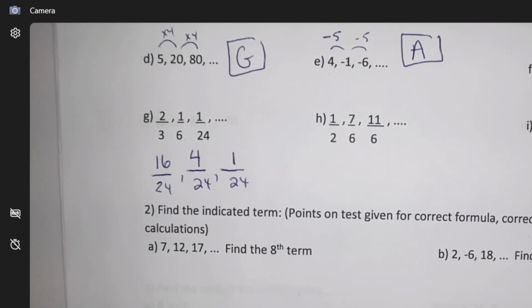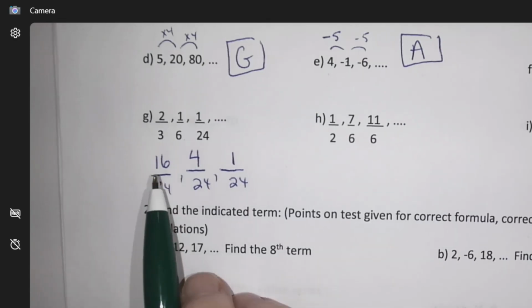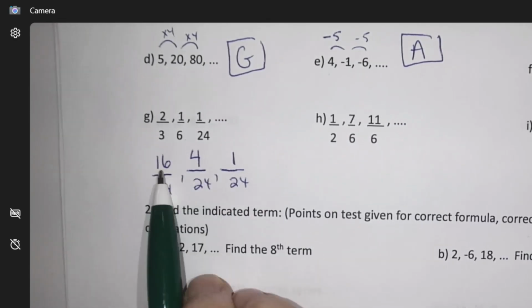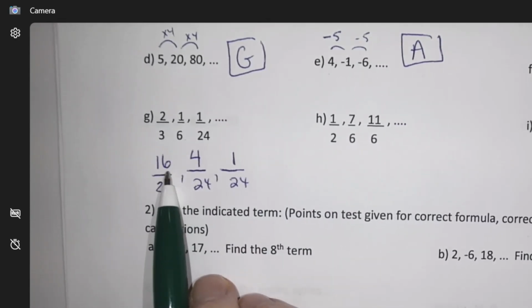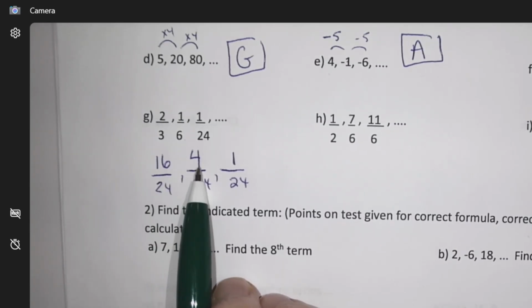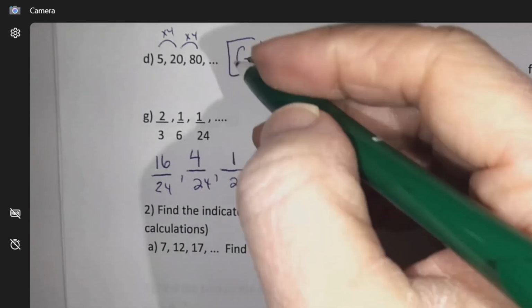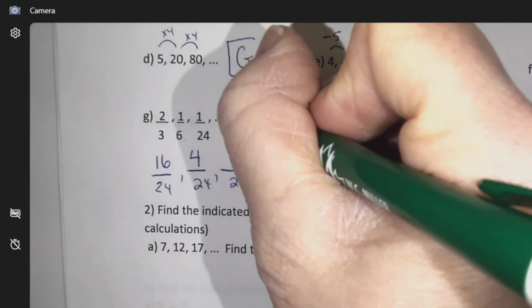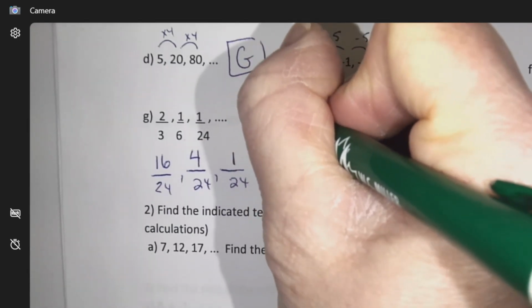If I just look at the tops really now, there was a 16 and then a 4 and then a 1. Is there something common with adding or timesing? Multiplying. So how do you go from a 16 to a 4 and to a 1? You're timesing by a quarter.